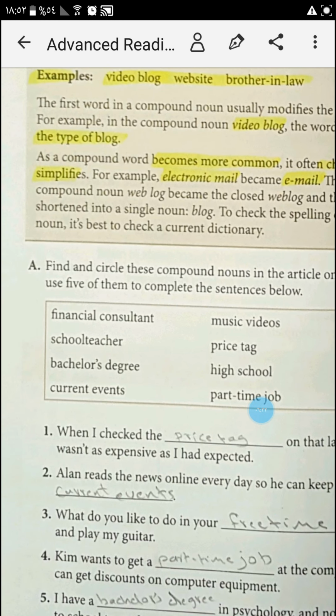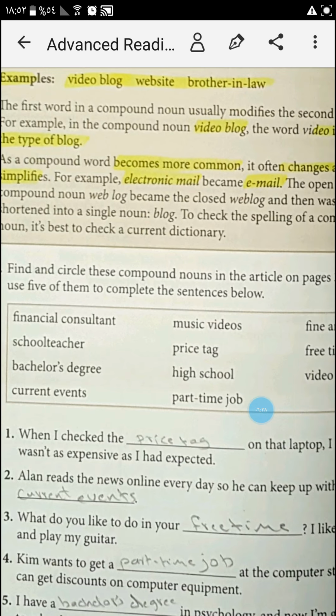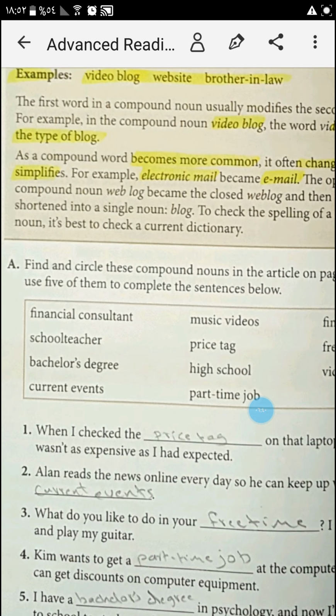In this exercise, find and circle these compound nouns in the article. These compound nouns can be found in the article that we have read, The Youngster Behind YouTube.